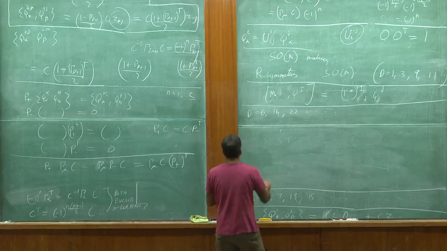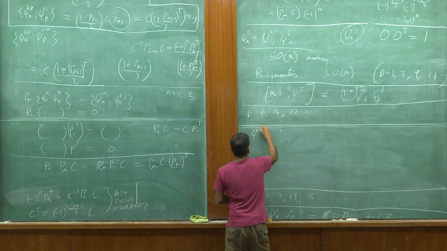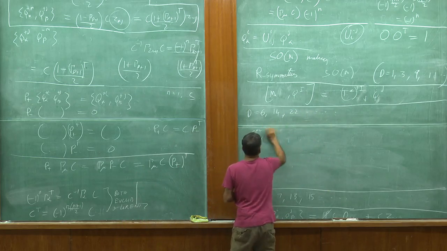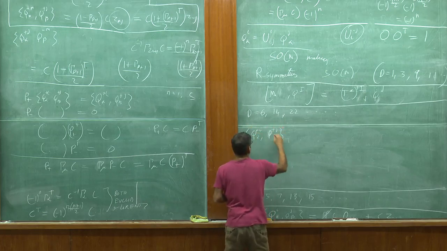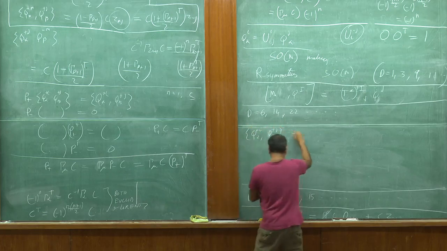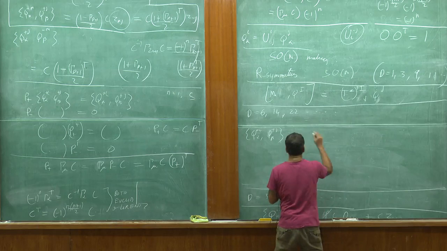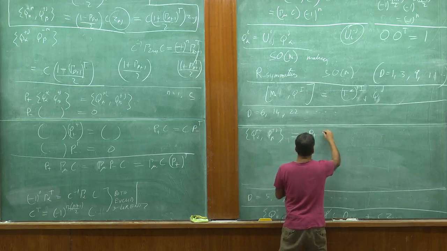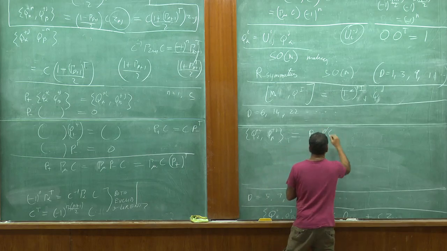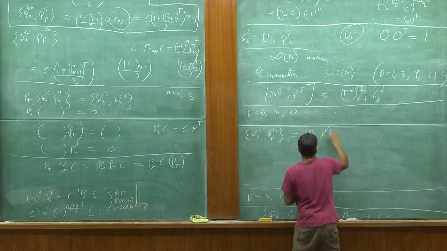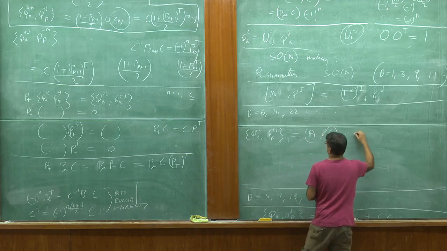Well, very similar. Q plus I alpha, Q plus J beta is equal to, any guesses? What should I write? Perfect. P plus slash C alpha beta and omega ij.